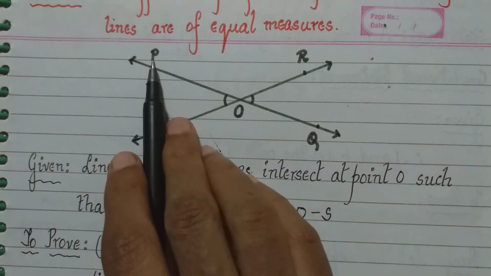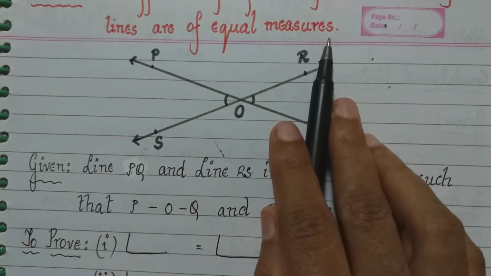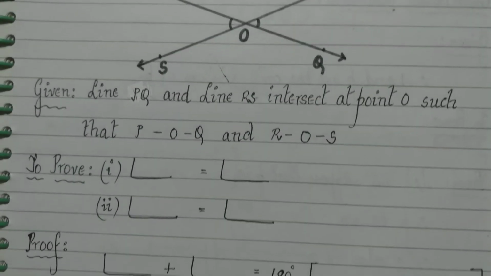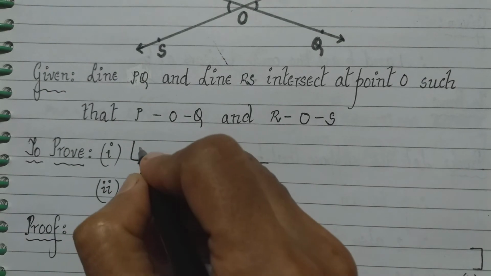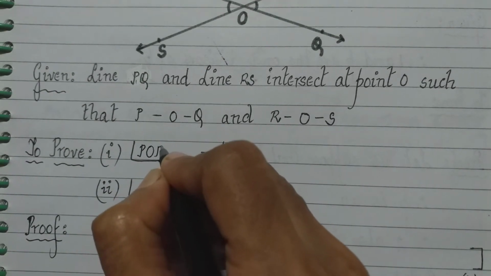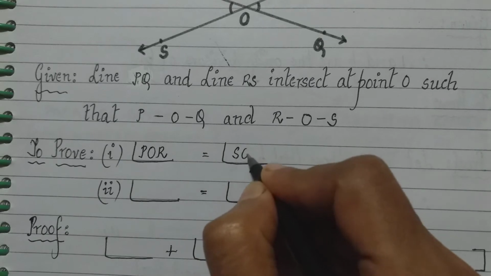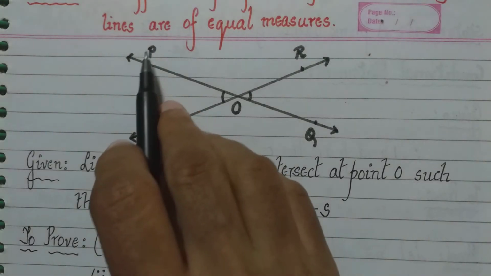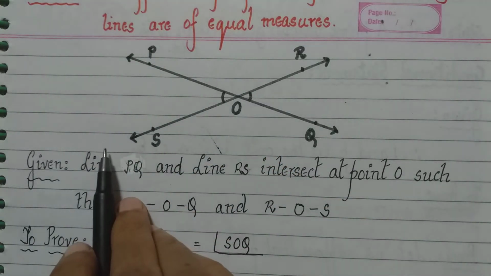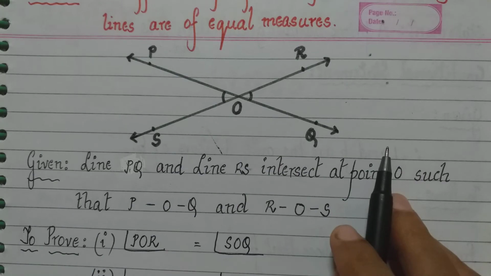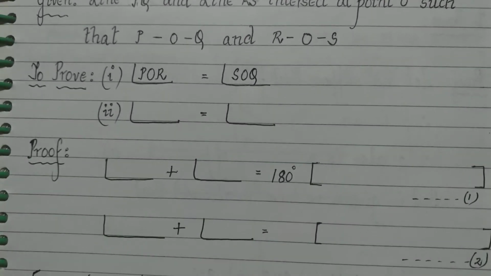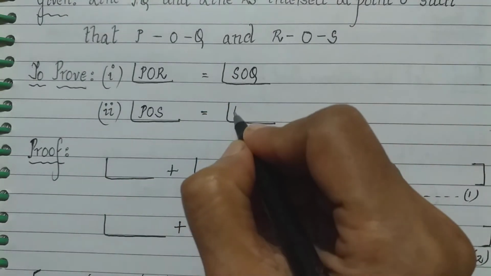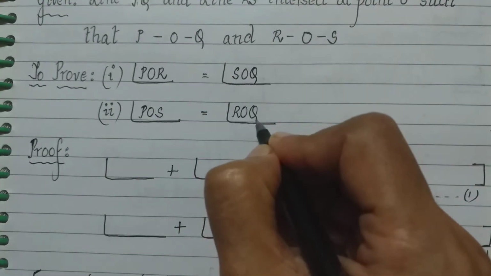So we will write: to prove angle POR is equal to angle SOQ. Second one, angle POS is equal to angle ROQ.